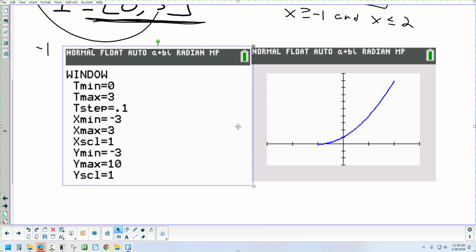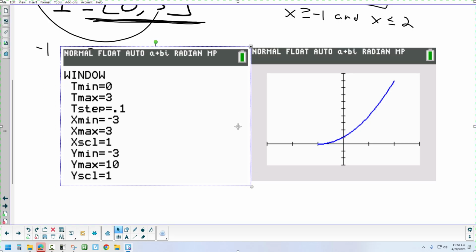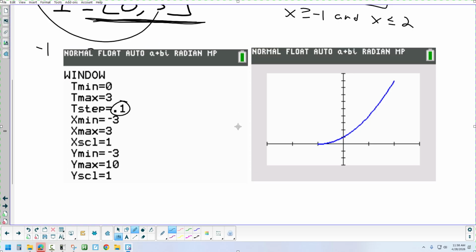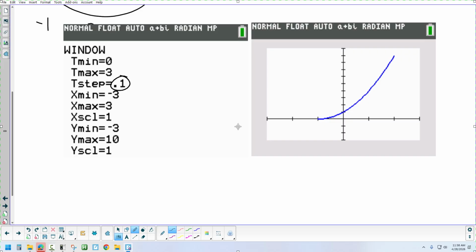So what the t-step does is think of this as an increment. Okay? You're traveling from 0 to 3, and the step is the increment that you're traveling in. So you're traveling in increments of 0.1. So the way the calculator is going to graph this problem is it's going to take 0, and it's going to fill it into the formula and get a point, and then it's going to plot it.